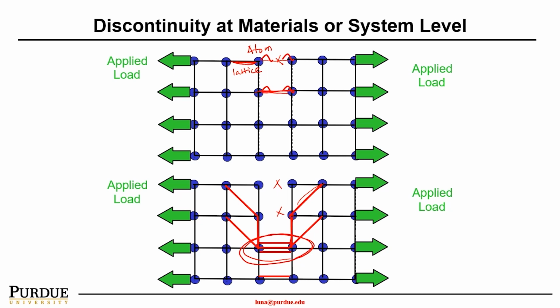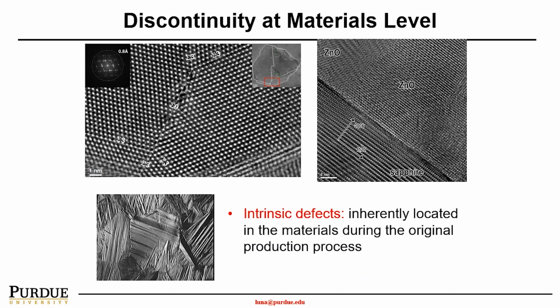As you can see, the load will be heavily stressed on these two atoms, and therefore it will be a weak spot. Discontinuity can very easily happen in the material at the fundamental building block level. That's what we call an intrinsic defect, which is inherently located in the material from the original production process.